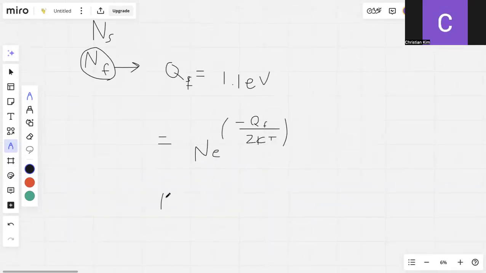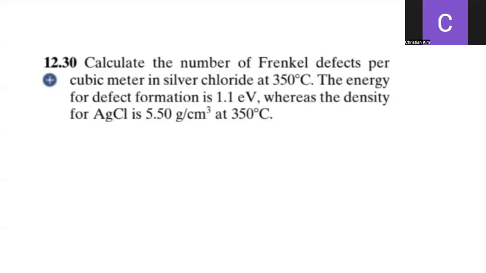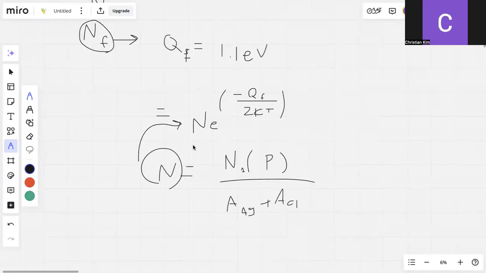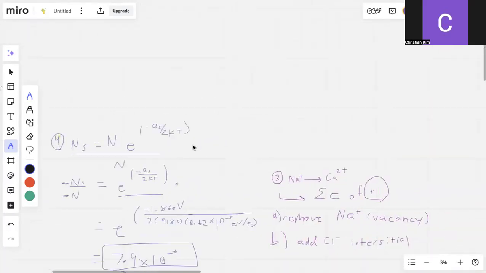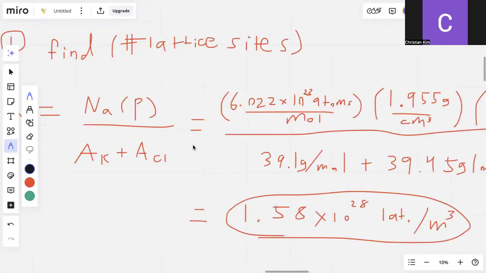And remember, N is equivalent to Avogadro's number multiplied by the density of, I think it was AgCl, divided by the molar masses of silver plus chlorine. So remember this value and you're essentially just plugging into the formula, and you're going to be following the exact same format as the very first example over here. Just make sure you change the values.